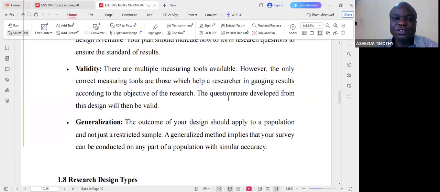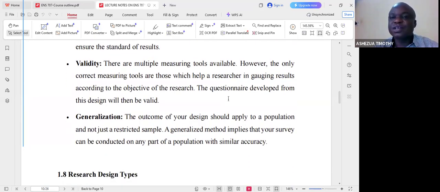So, generalization. The outcome of your design should apply to a population and not just an example. The outcome of your design should not be restricted to a particular zone, maybe zone A of Benue State.